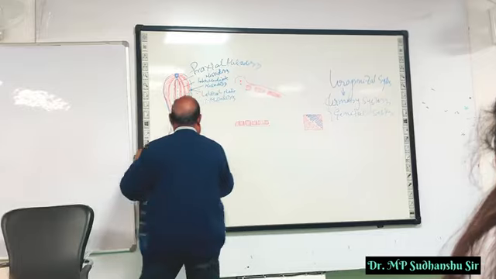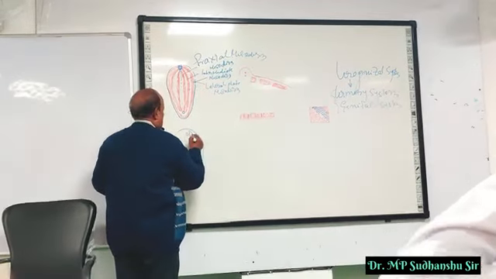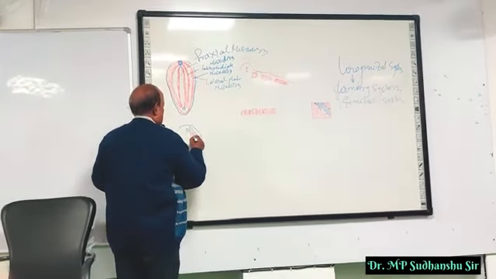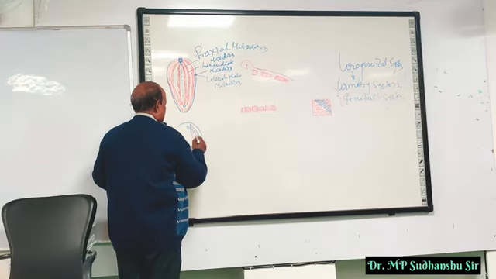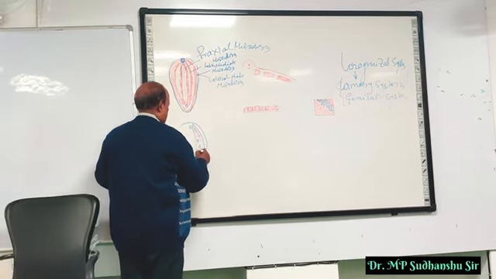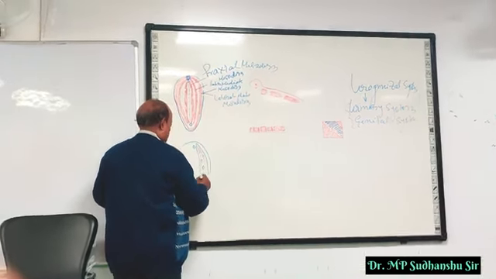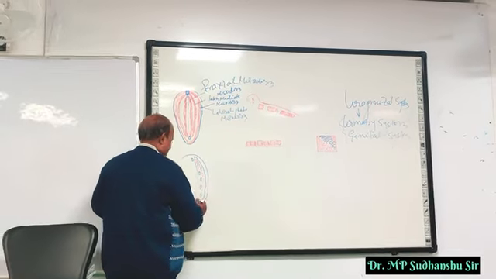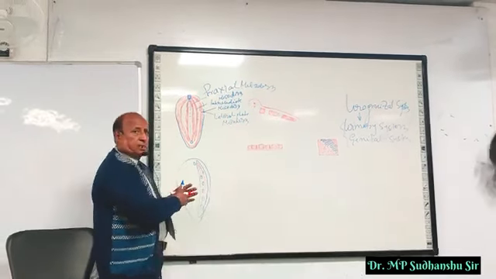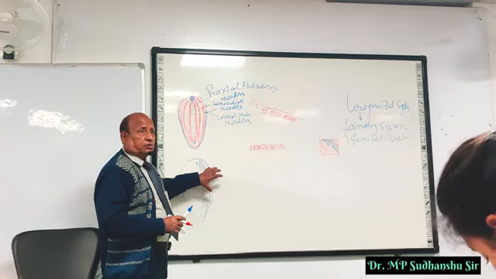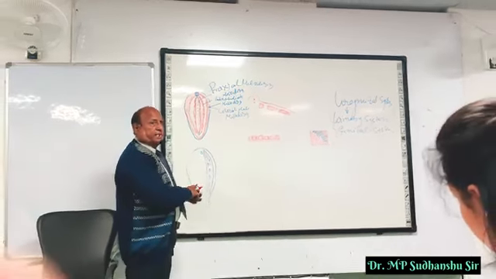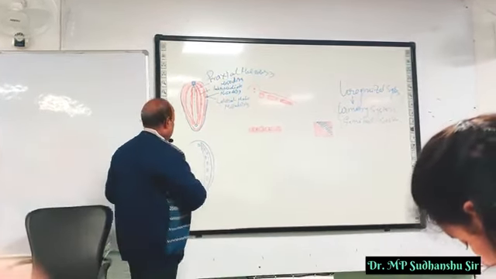Actually, what happens in the lateral plate mesoderm is that several vacuoles appear. All these are vacuoles. All these vacuoles coalesce and give rise to a single cavity.